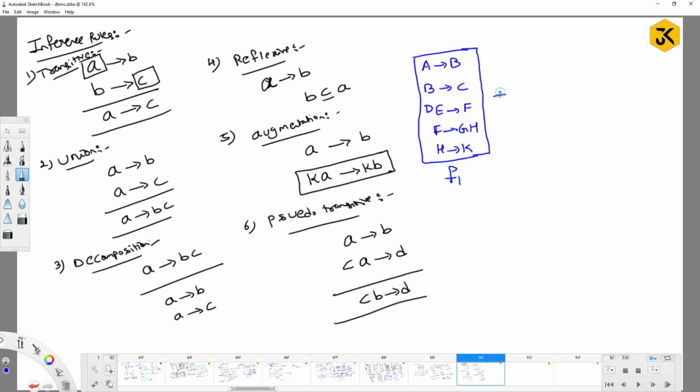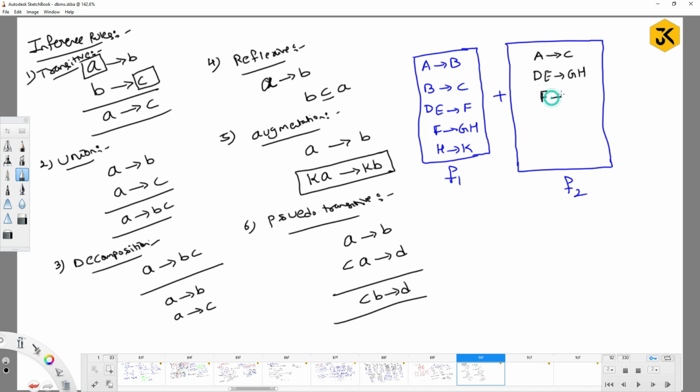Now try to find out the set of functional dependencies which you can find out with the help of your knowledge. Can I write A determines C? Yes, A determines C is possible. DE determines, very good. Another possible? F determines GK. F determines GK, very good.